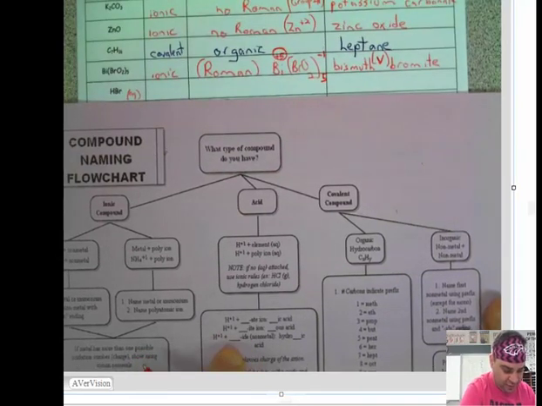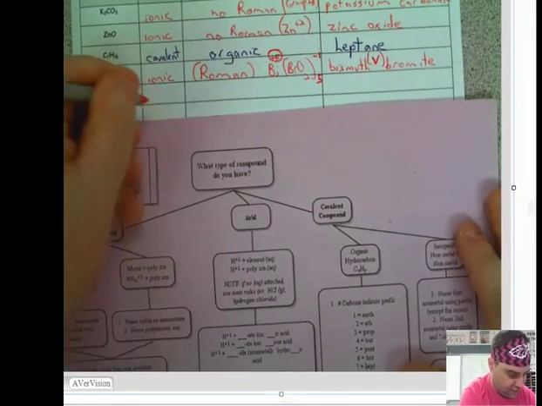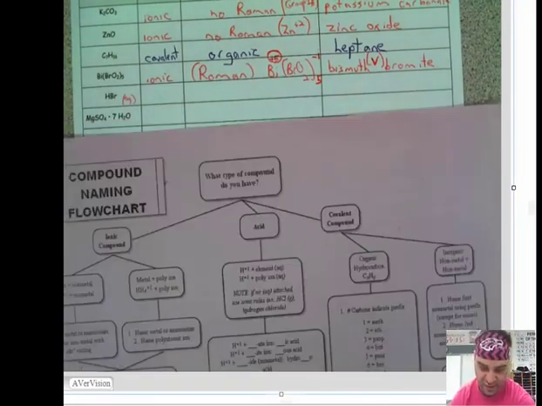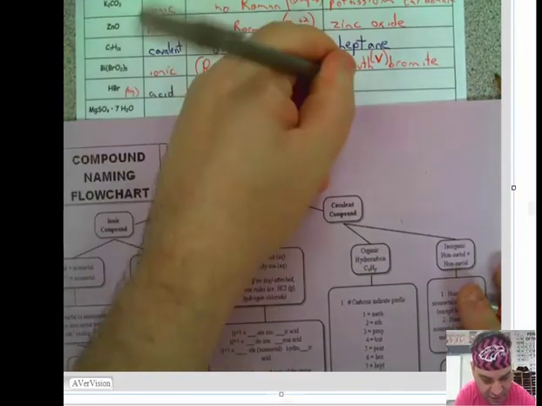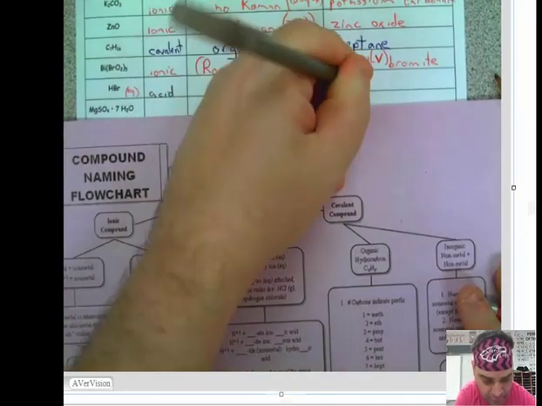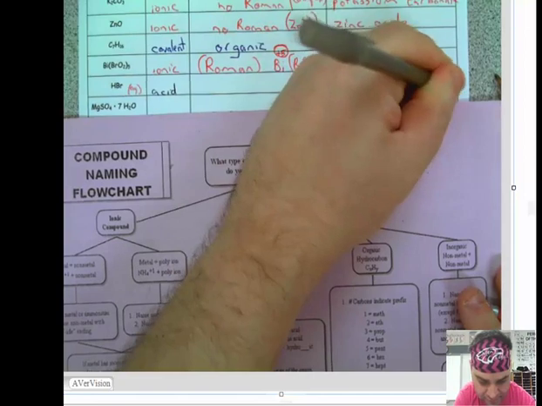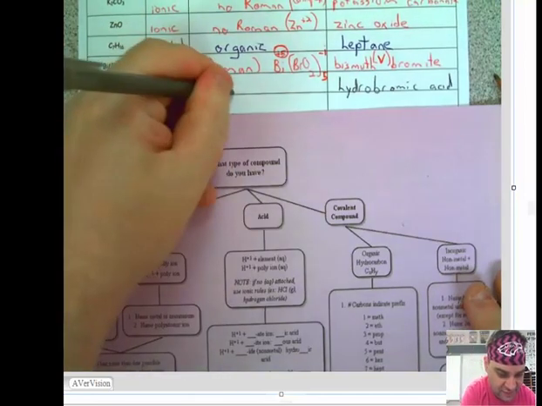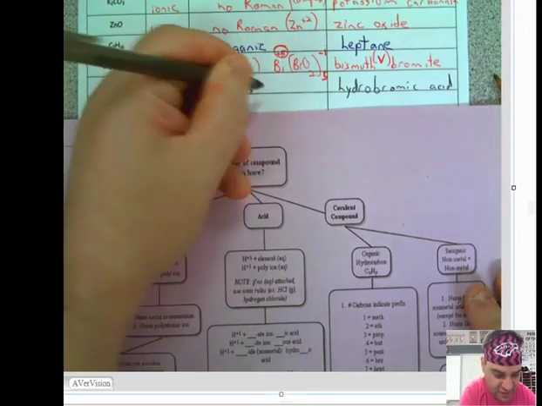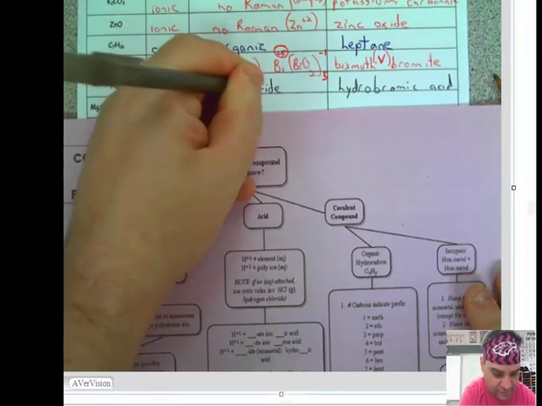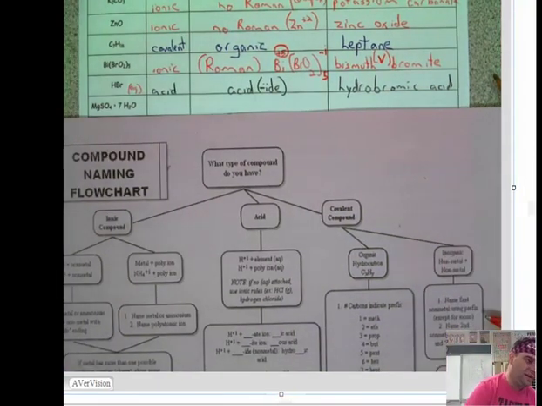Nonmetal, ide, so you change it to hydro-ic. So this would be an acid. I want to write that in a different color. So this would be hydrobromic acid. It is an ide acid because it is bromide.